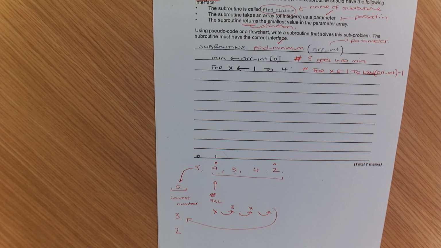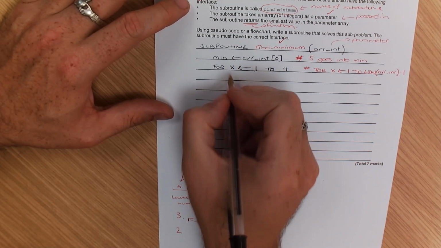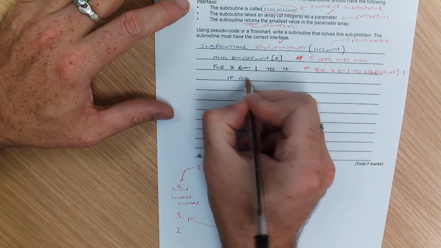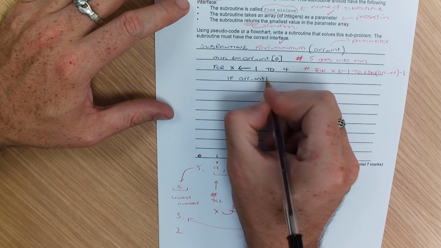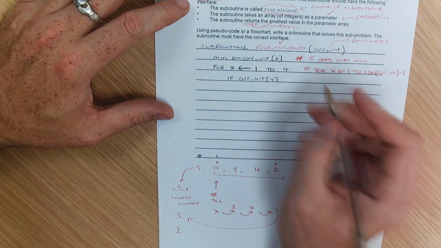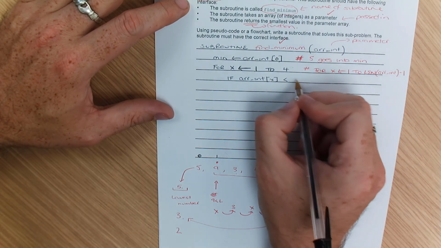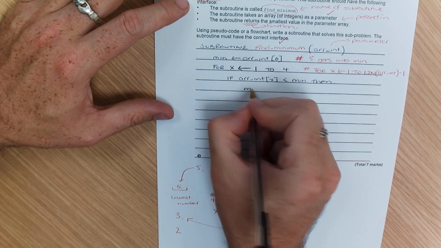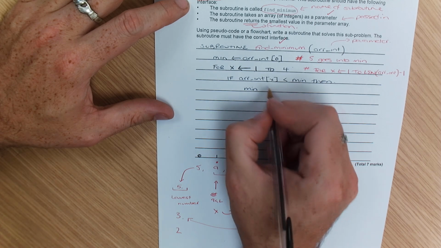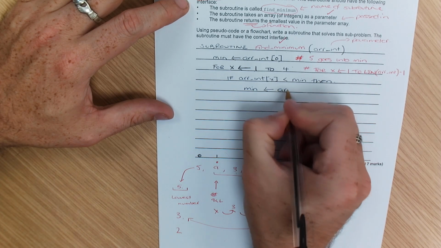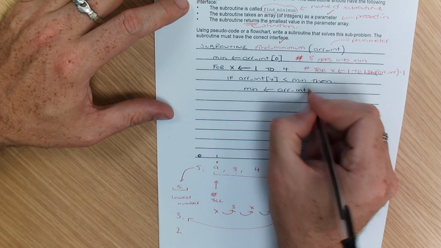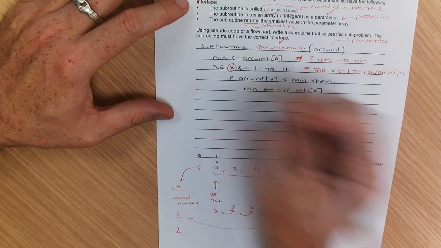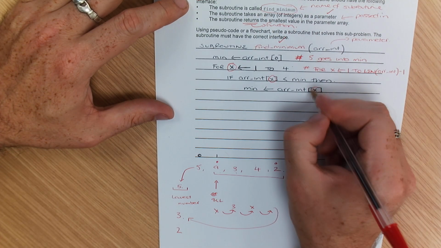So, for x is 1 to 4, all I'm going to do now is if r underscore int square bracket x is less than min, then min is now allocated the value I'm currently on.